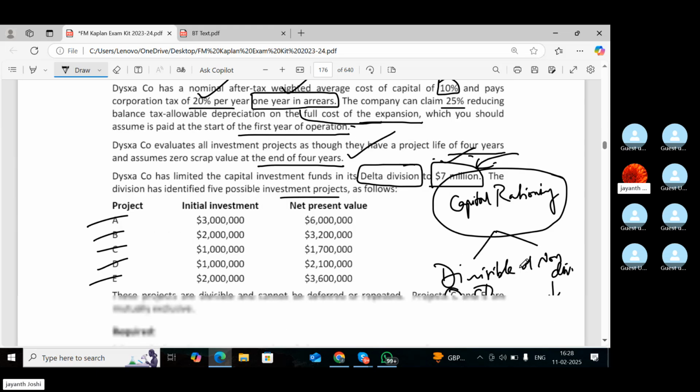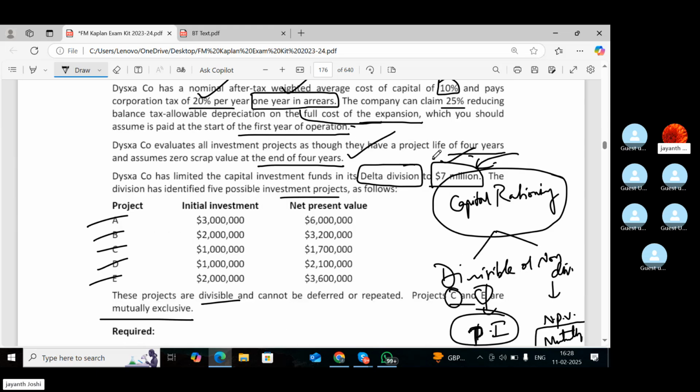The next information is they have some amount of $7 million which they want to invest. Okay, the Delta division of this company wants to invest $7 million, and they are in hunt of some good projects, so they need to look for good projects. So the projects are given in this way.